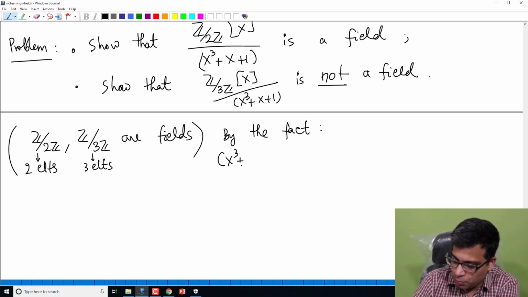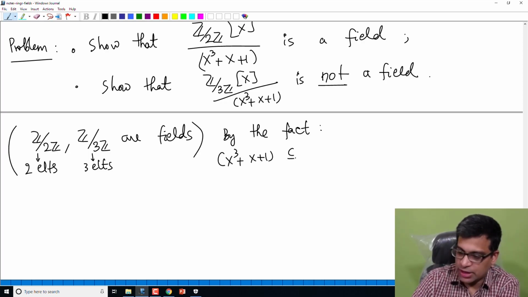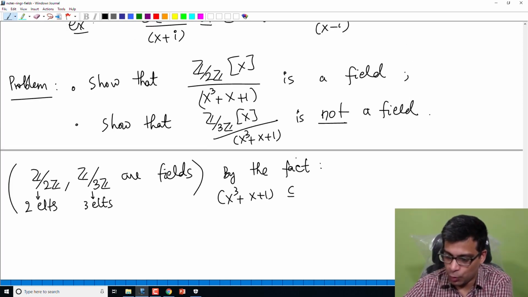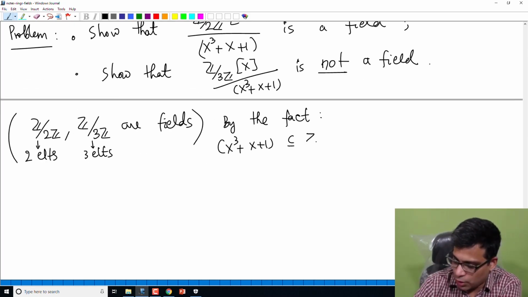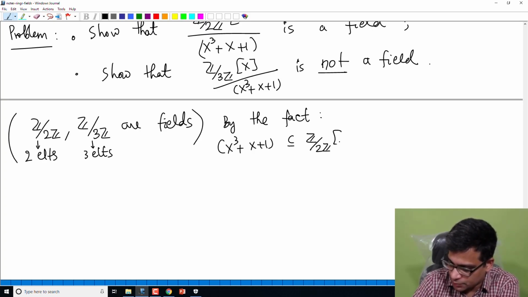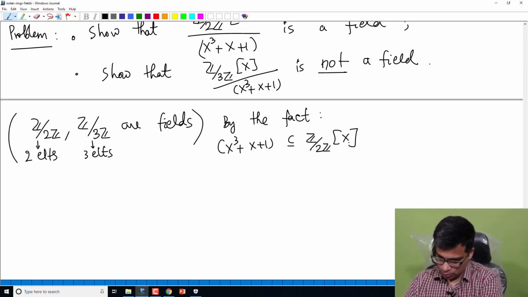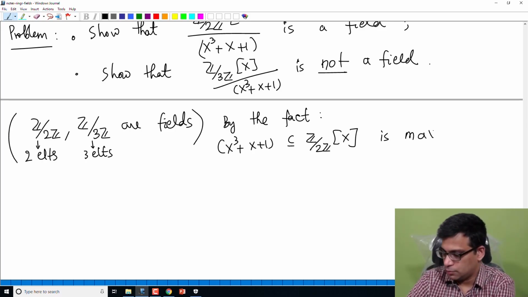x cubed plus x plus 1, first consider the field case, Z mod 2Z[x].